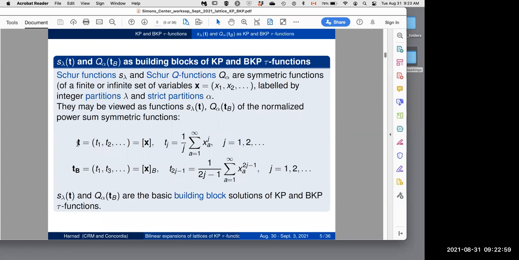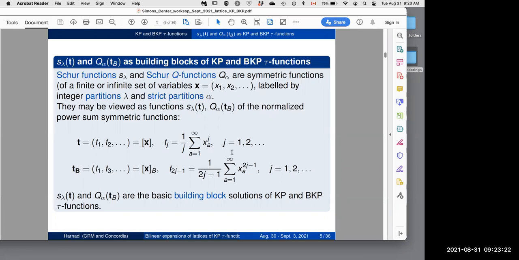So the notation being used, boldface T is this infinite sequence of KP flow variables. Boldface T with a B is every second one of these. And so this is also notation. When you put a bracket around X, that means the normalized power sums. So you can either view the X's as the independent variables or the T flow variables, which are normalized power sums.